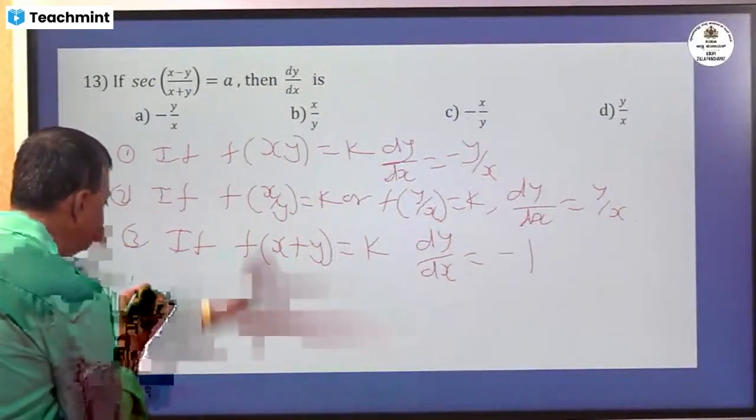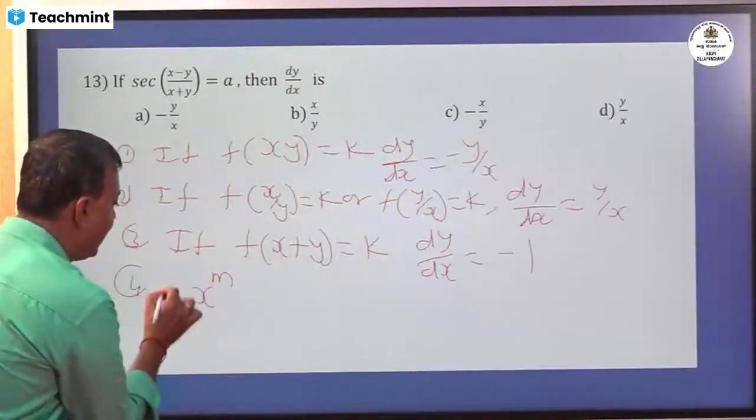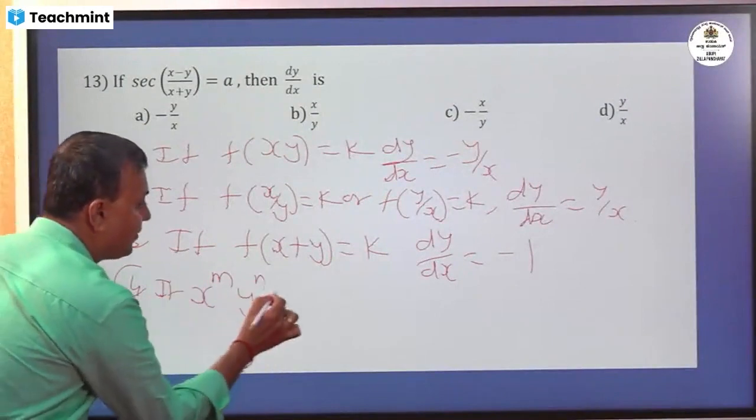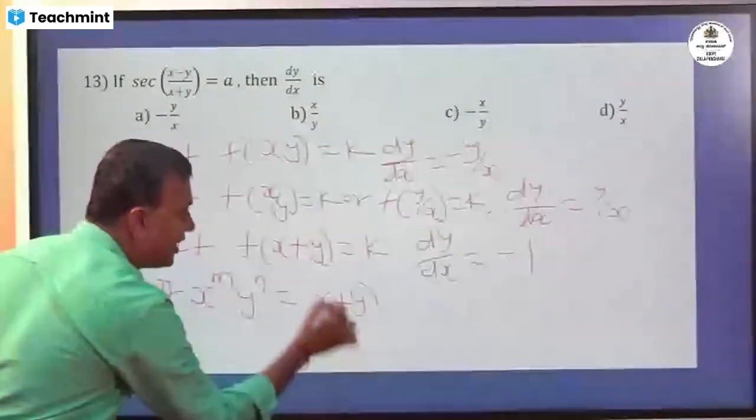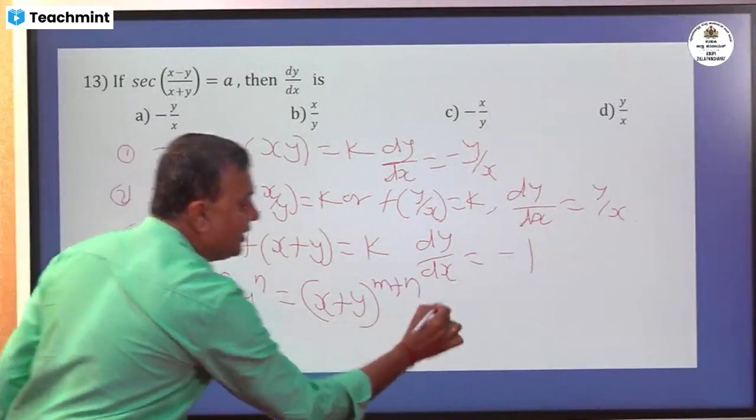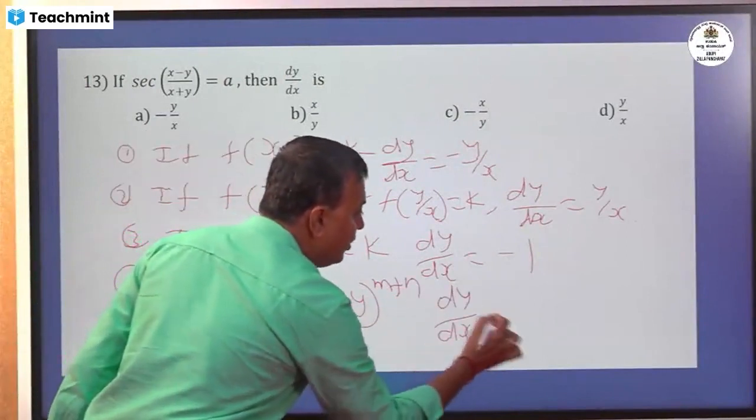Another one: x power m into y power n is equal to x plus y whole to the power m plus n, then dy by dx is equal to y by x.